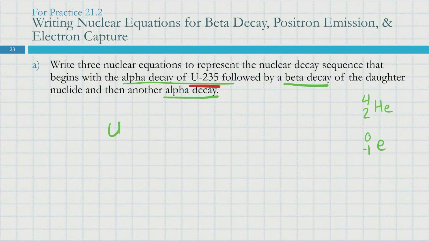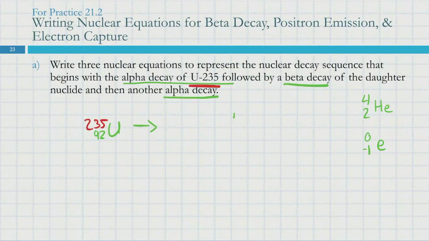So uranium, and the mass number is that 235. Since it's uranium, it has the atomic number of 92. We can find it in the F block, the actinides series on the periodic table, down below the rest of the periodic table. And that's going to undergo alpha decay.